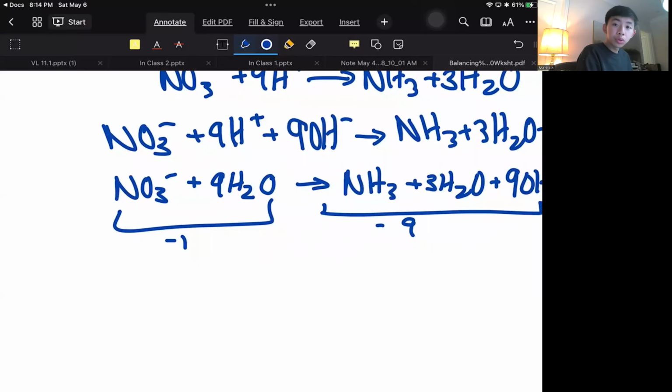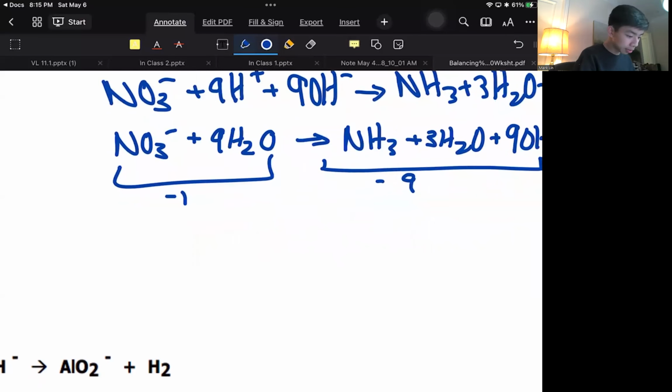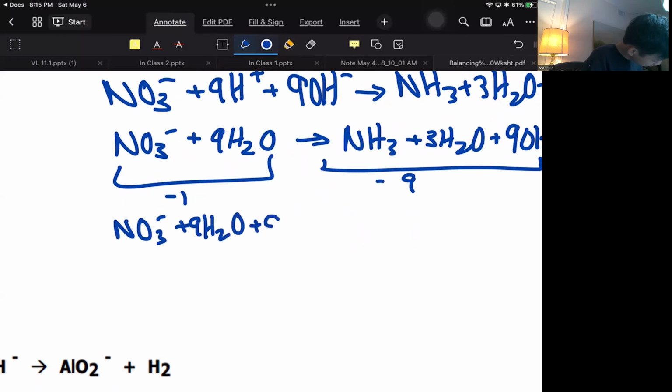So in order to balance the charges, one side is -1 and one side is -9, we have to add 8 electrons to the side. So NO3 minus plus 9H2O plus 8 electrons on this side.